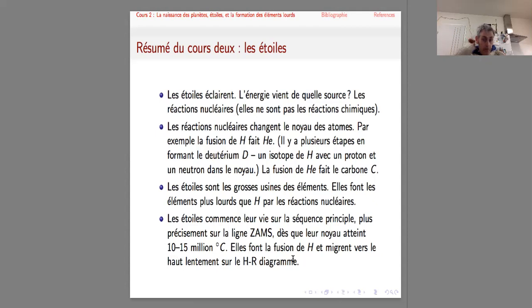But as they fuse the hydrogen together to form helium, the star migrates on the Hertzsprung-Russell diagram away from the ZAMS line, and in fact it migrates up.